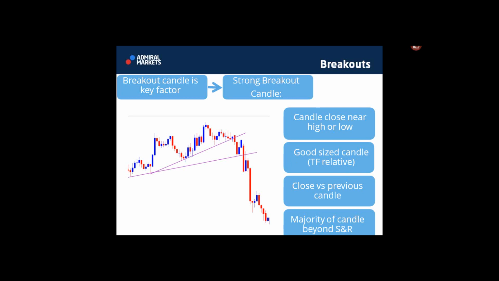Like in this example on the left, you see that price is retracing upwards slightly. We have support trend lines, indicating those corrections. And then when price starts to break through those trend lines, we have a breakout and momentum starts. So the breakout is the moment where price is transitioning from a correction into an impulse, into momentum.